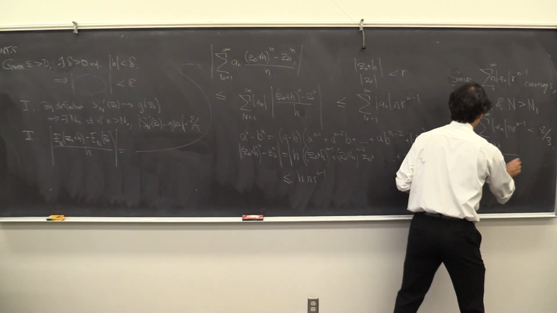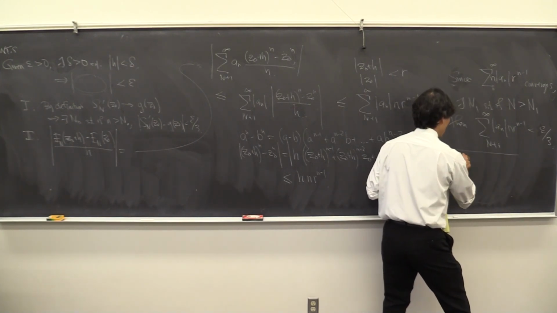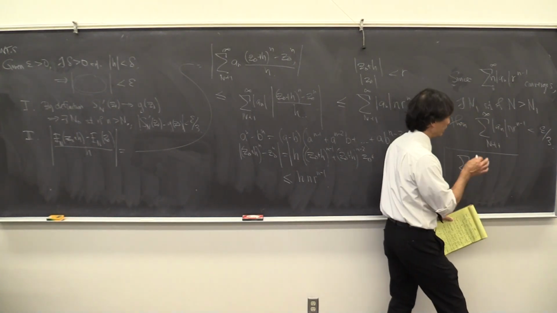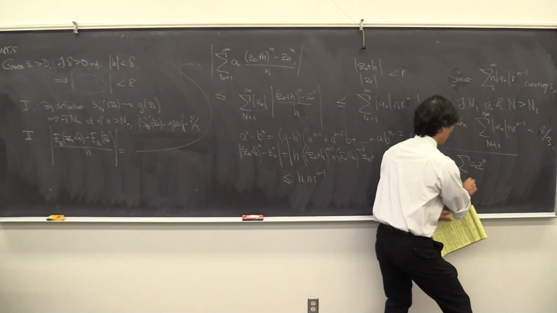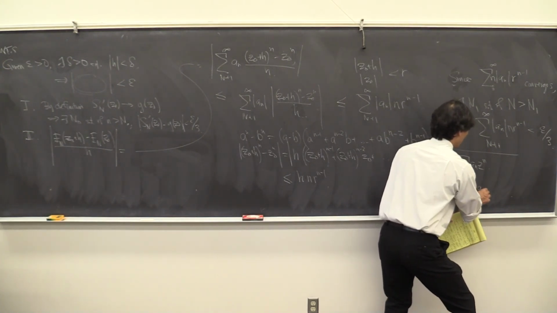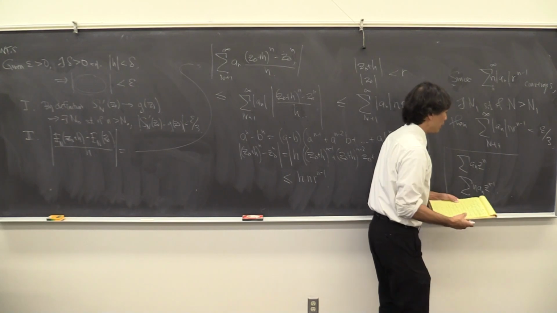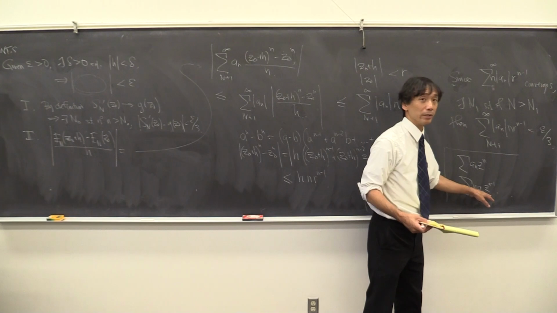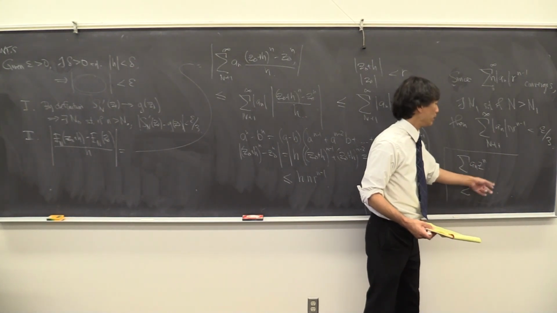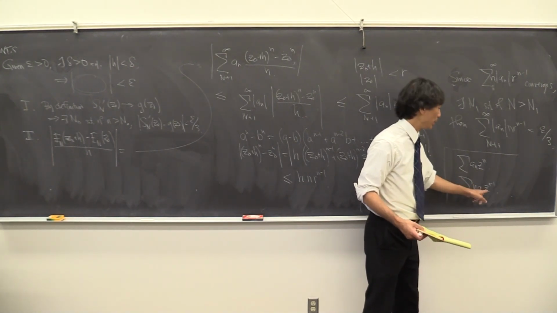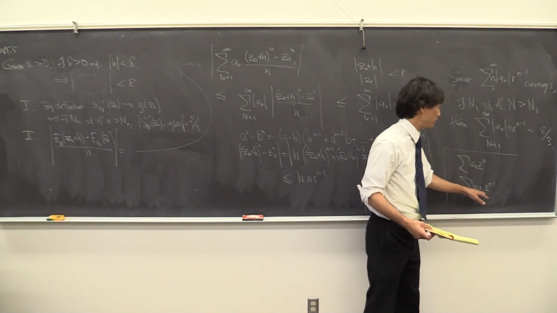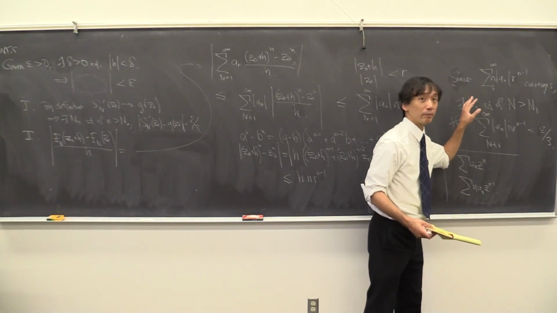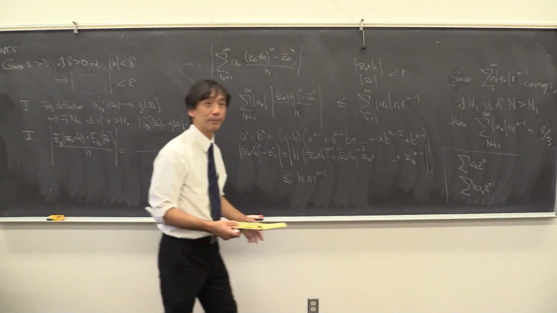Remember that we started off with this guy, and this guy converged within the disk of radius capital R. And we also were looking at this guy, and that also, if you do the root test on it, converges within the disk of the same radius R. Little r is smaller than big R, so we just put in little r here. This value is a finite value. Gotcha. Okay, thank you. Sure.